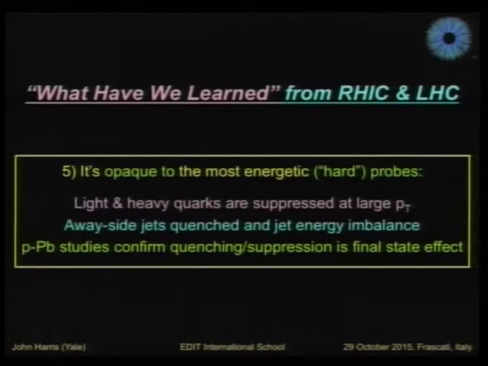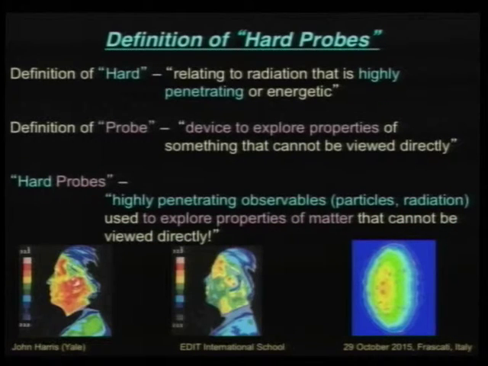Now, the really interesting thing is that the LHC introduced, in particular with the capabilities of ATLAS and CMS, the ability to measure jets. There were more heavy quarks produced, and so hard probes, in fact, became a reality.